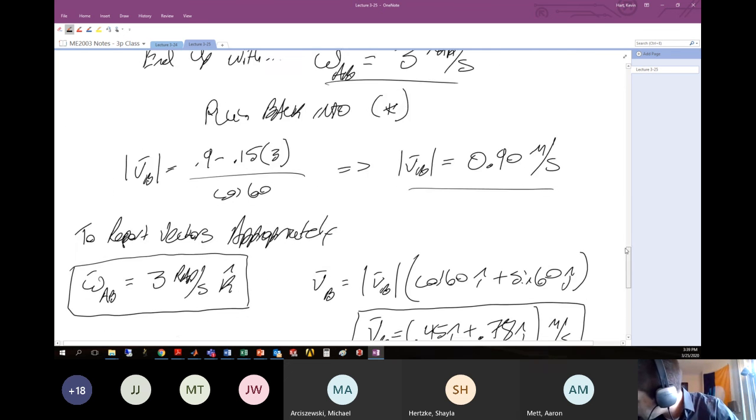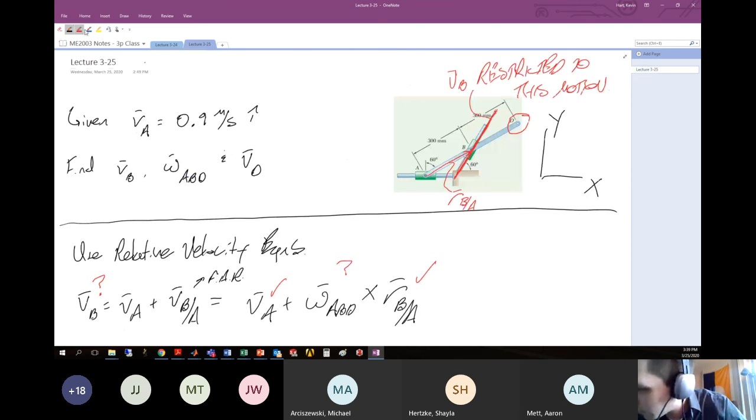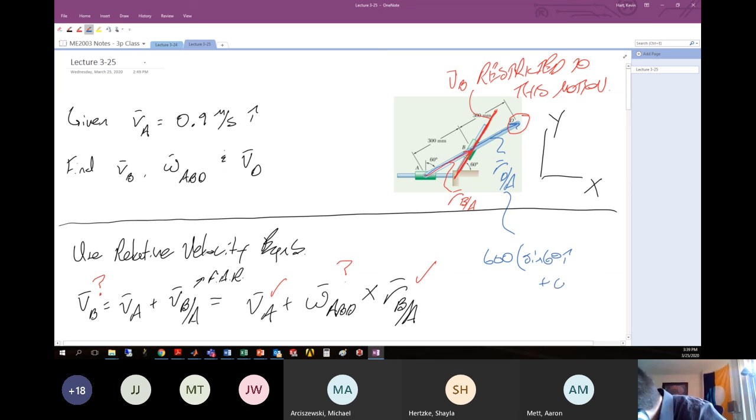All right, so we go back up to our problem here. We want the position vector locating D from A, so we want this position vector here. If we take a look at this, it's going to be something like 600 times sine 60 I hat plus cosine 60 J hat. That's just from trigonometry in the problem.